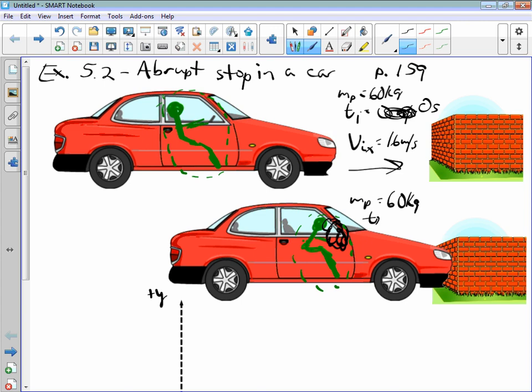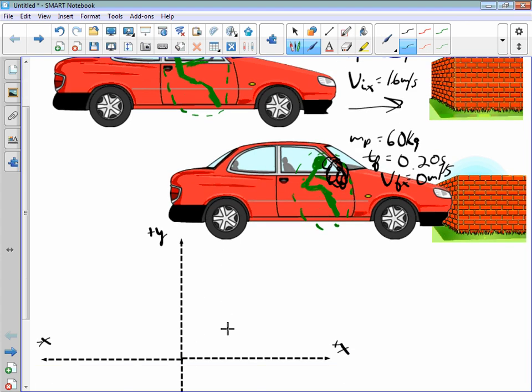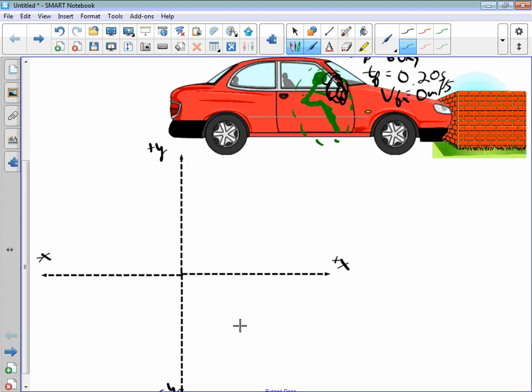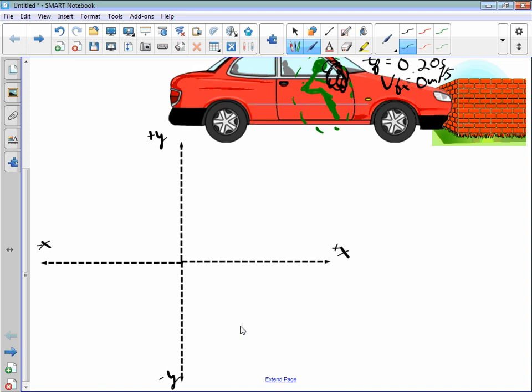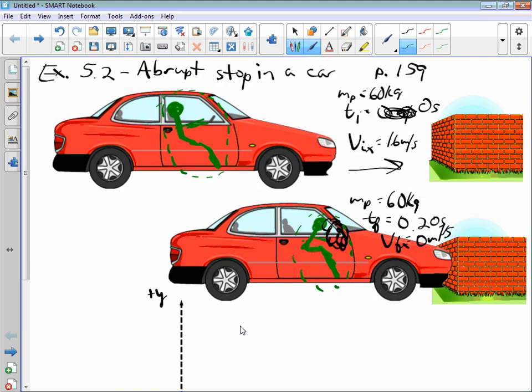Our final time is 0.20 seconds, provided by that airbag. Our final velocity in the x direction is going to be 0 meters per second. That's slowing down pretty quick. I might have some head injuries after that one. And we're wondering, what is the average force?